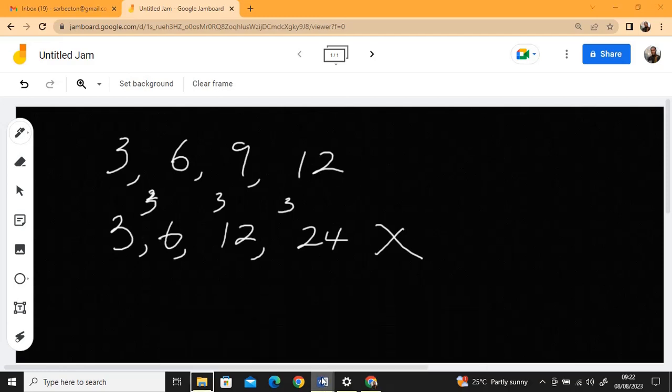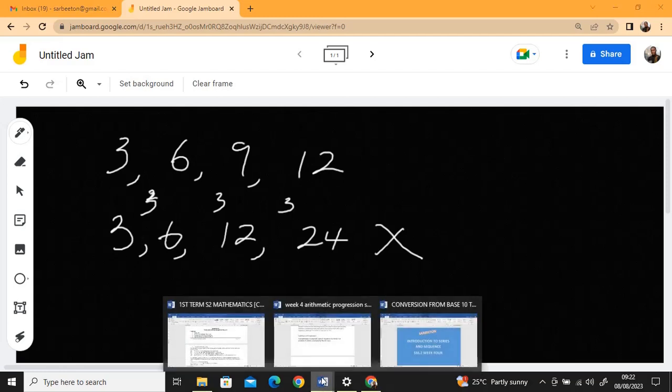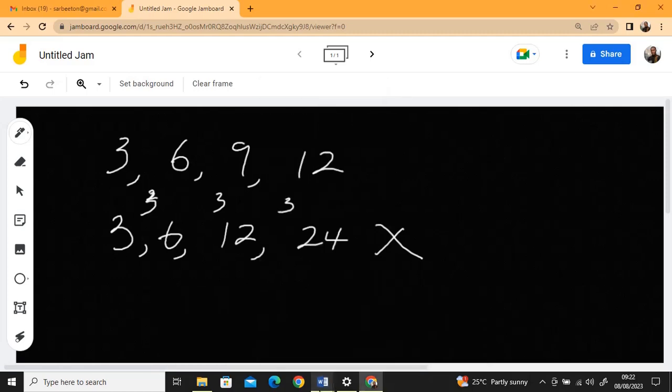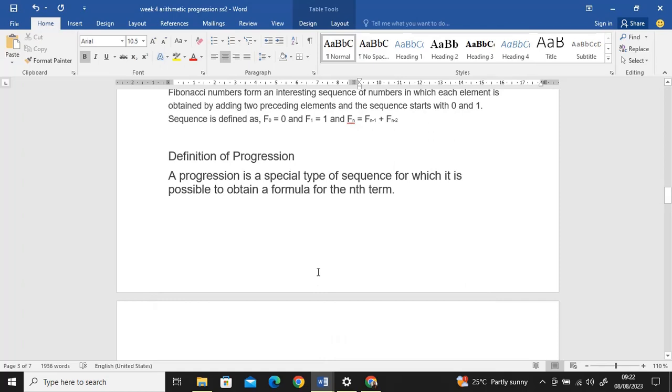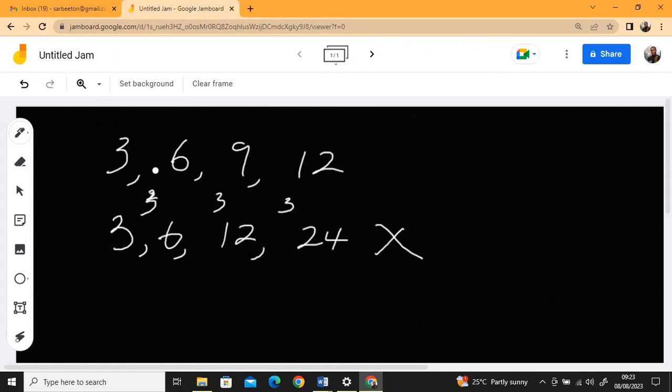Now, I made mention of progression, so let's explain what progression is. Using our notes, a progression is a special type of sequence for which it is possible to obtain a formula for the nth term. Which means that for this progression, I can get what the fifth number will be.